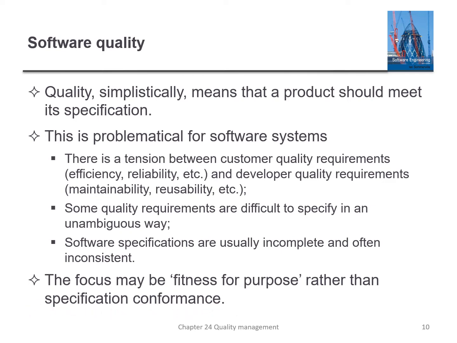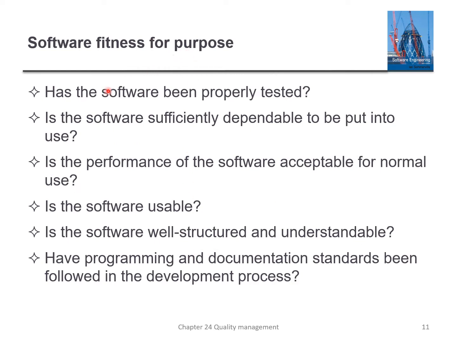Specification conformance. What does that mean? To give you some idea what software fitness for purpose means, when you are trying to achieve the software quality that you have decided, these are among the questions that you should be asking. Has the software been properly tested?